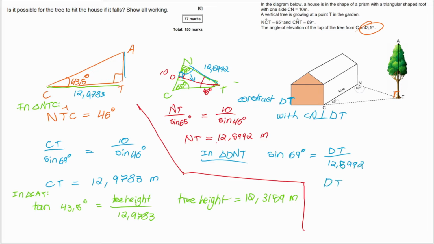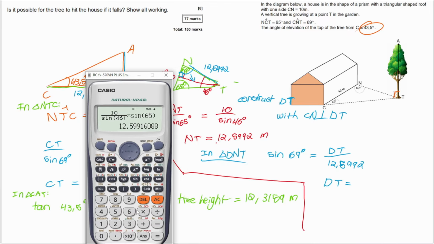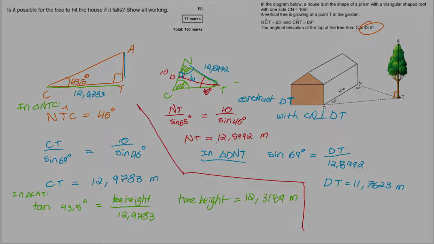Okay, so DT is equal to, and I'm still in the calculator view, this answer over here times by sine 69. Okay, so DT is 11.7623. 11.7623 meters. Okay, so this distance DT over here is 11.7623.